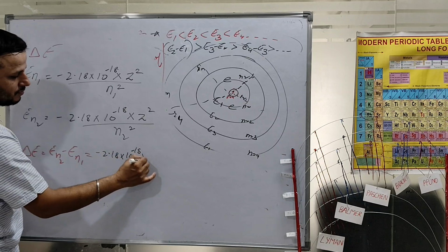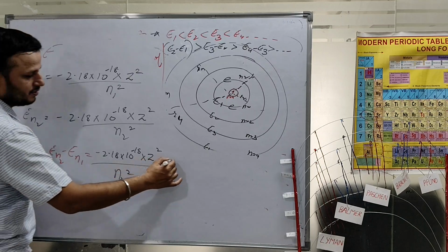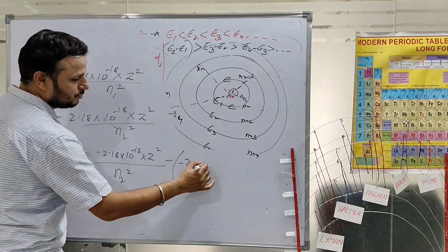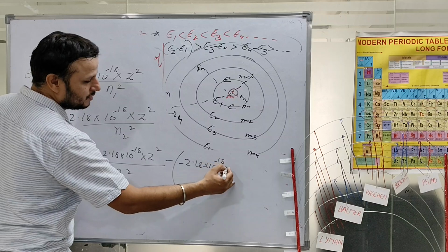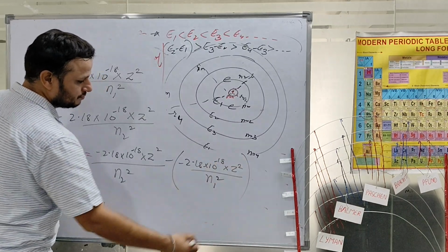So that becomes -2.18 into 10⁻¹⁸ Z square by n2 square minus (-2.18 into 10⁻¹⁸ into Z square by n1 square).